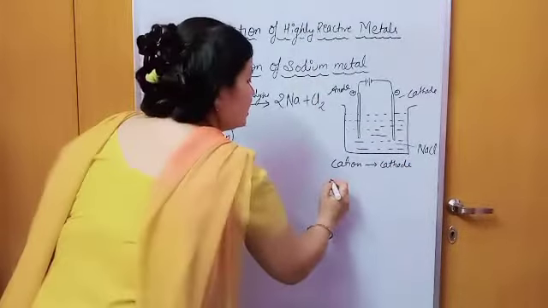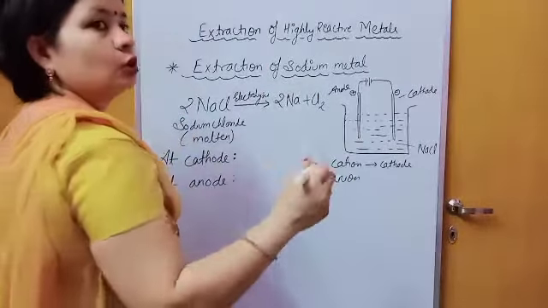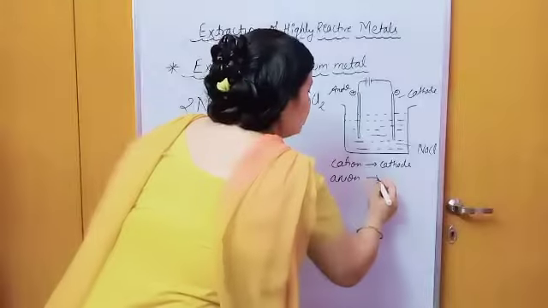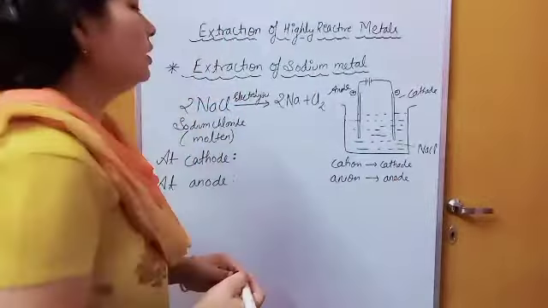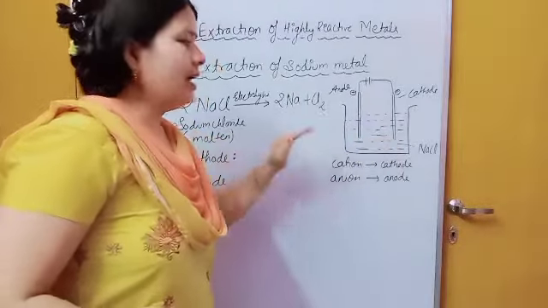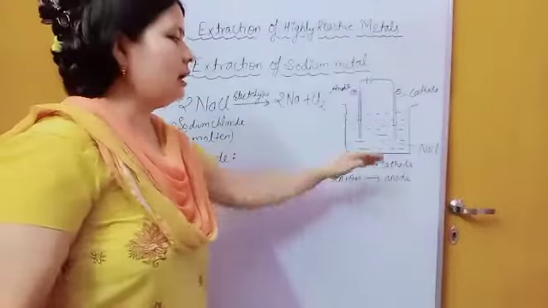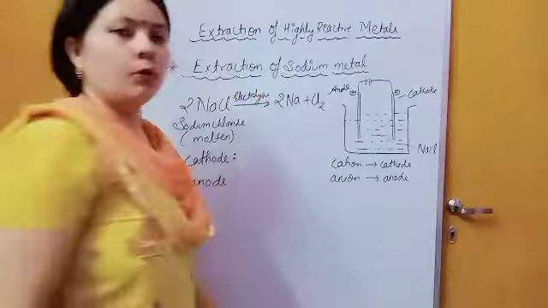The anion is negatively charged, so it goes towards the positive electrode. To remember simply: cation moves towards cathode, and anion moves towards anode.